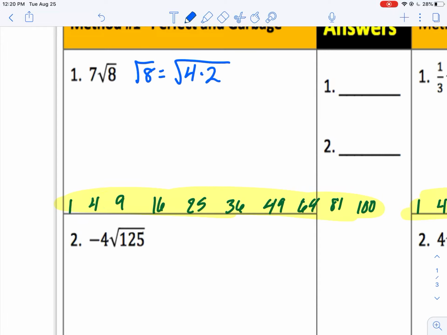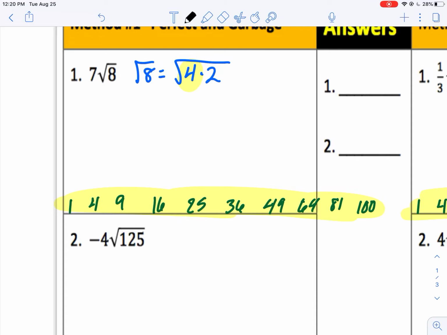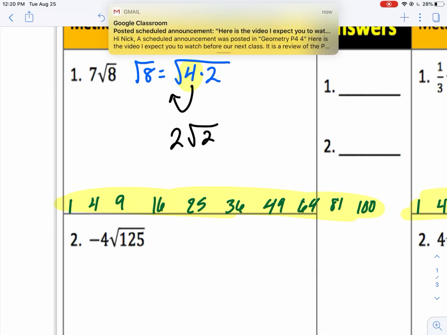All right, so now that I've got that down, I need to break this down. I need to simplify that. So I'm looking for a number here that is a perfect square that I can take the square root of. So I can take the square root of 4. The square root of 4 we know is just 2. And what's left over? I've got a 2.